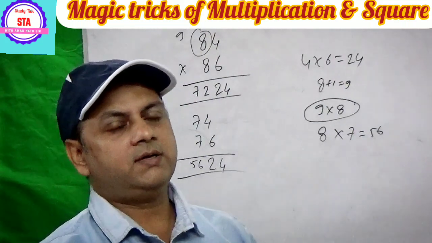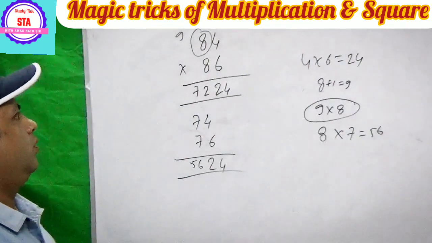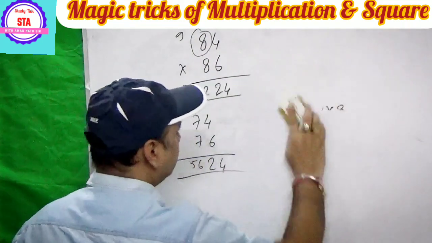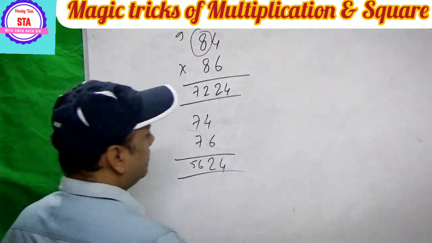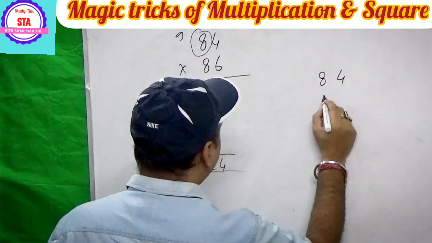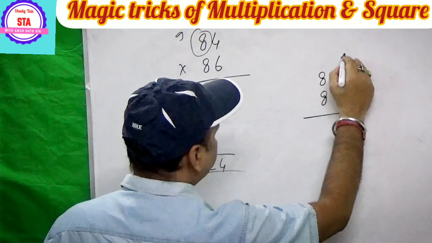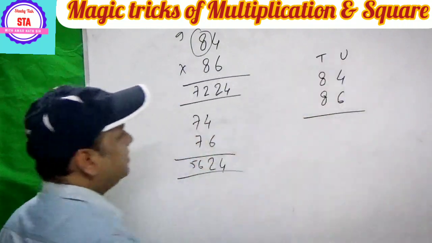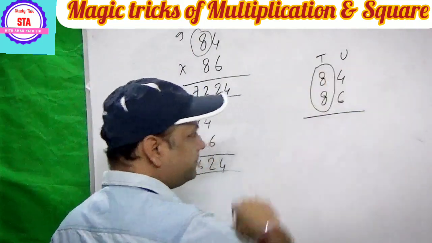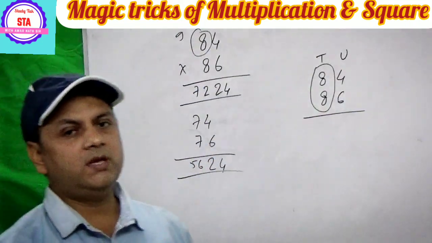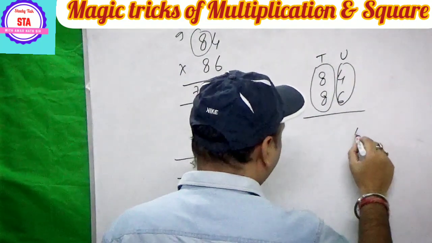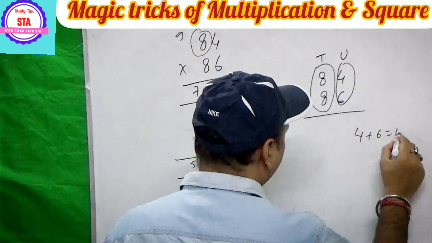These types of tricks are applicable only when the sum of the unit digits is 10 and the tens digit is the same. It means in 84 and 86, 4 and 6 are the unit digits and 8 is the tens place. The value of the tens place is the same and the sum of the unit place, that is 4 plus 6, equals 10.